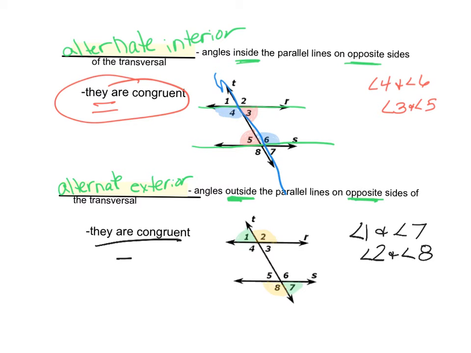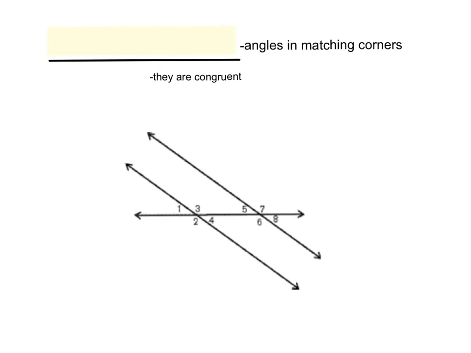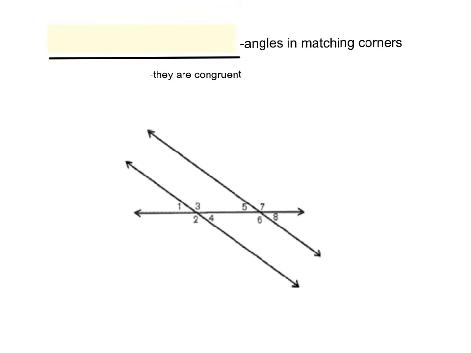And they are congruent, which means they are equal. Angle 1 is equal to angle 7, and angle 2 is equal to angle 8. Okay. Angles that have matching corners are known as corresponding angles.